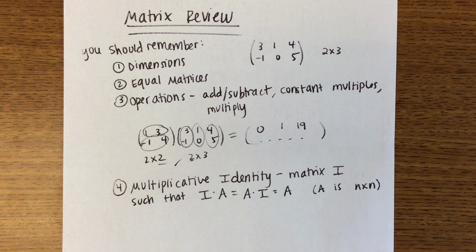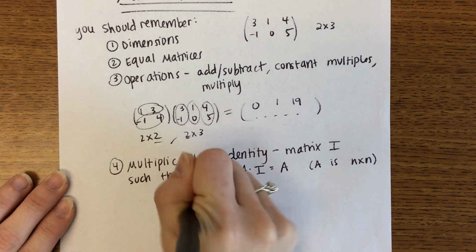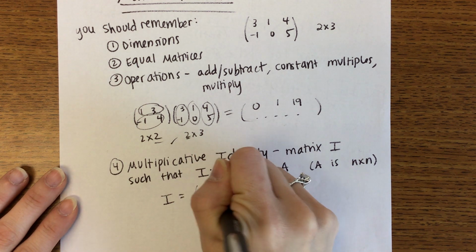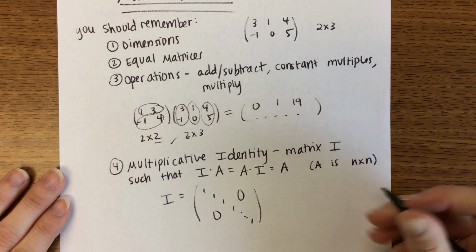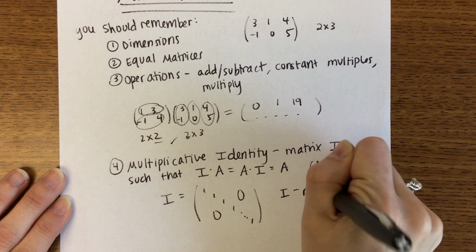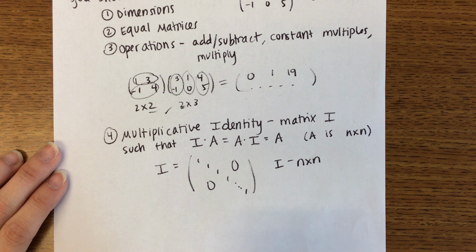The identity matrix is always n by n. Do you remember what I looks like? Yeah, 1's along the diagonal, 0's everywhere else. Again, I is also an n by n matrix.